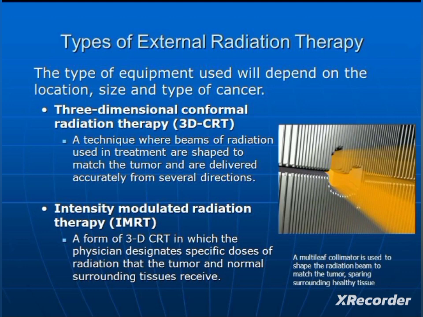Here, beams of radiation are shaped to match the tumor and are delivered accurately from several directions, so three-dimensionally we are giving radiation to the tumor. A multi-leaf collimator is used to shape the radiation beam to match the tumor, sparing surrounding healthy tissue. So that is the benefit of 3D CRT.